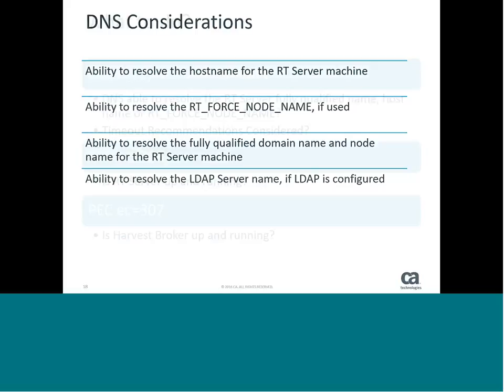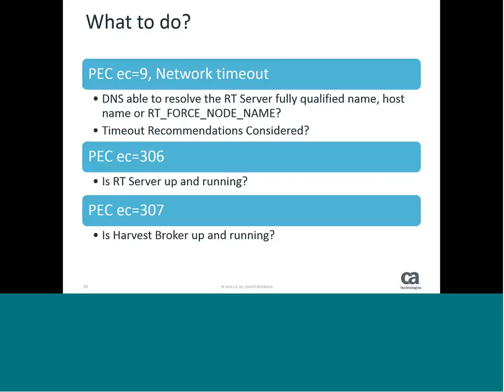Next are the common errors that we receive support requests on. A lot of customers sometimes get a network timeout. So what should they do when they receive this error? They should verify that DNS is able to properly resolve the RT server host name, or the RT4 node name, or the host name of the machine on which the RT server is running.